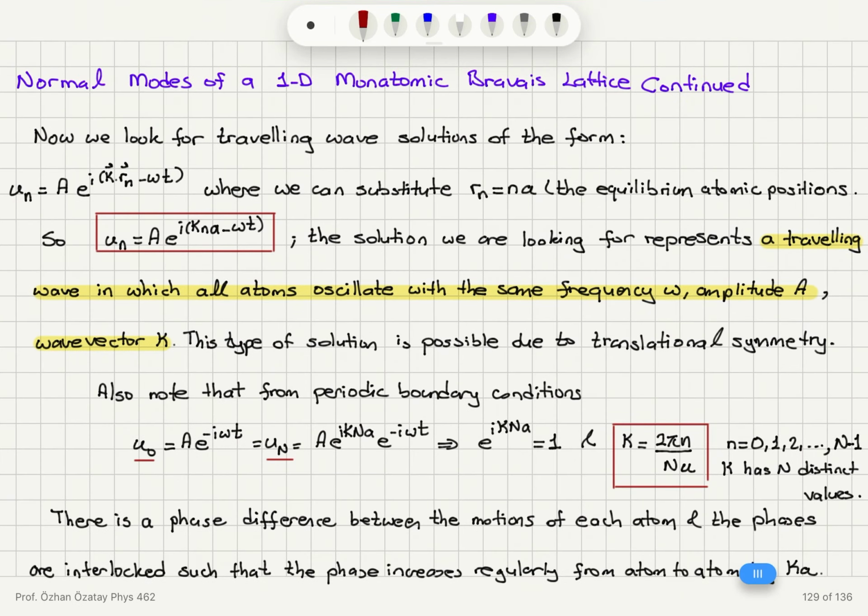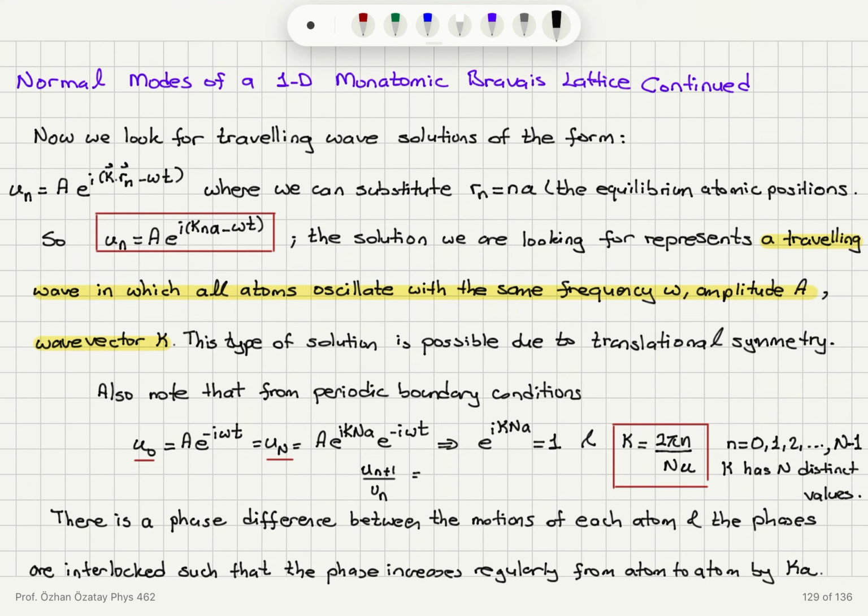Now, you can see that there is a phase difference between the motions of each atom, and the phases are interlocked such that the phase increases regularly from atom to atom by Ka. So what do we mean by that? If you go from the nth atom to the n plus 1th atom, and you write the ratio of the displacement of the n plus 1th atom to the nth atom, what would you see?